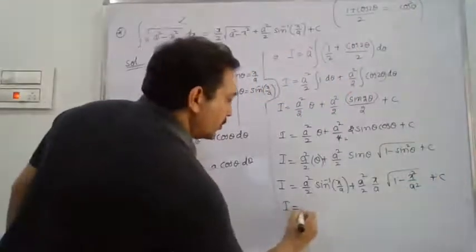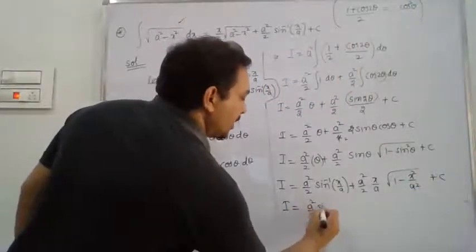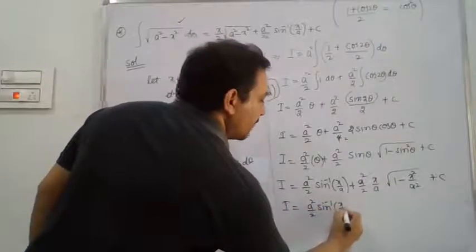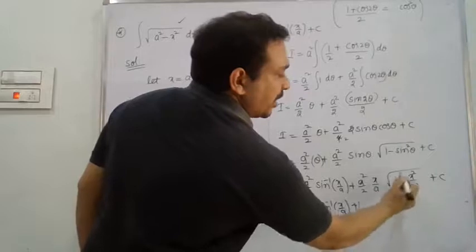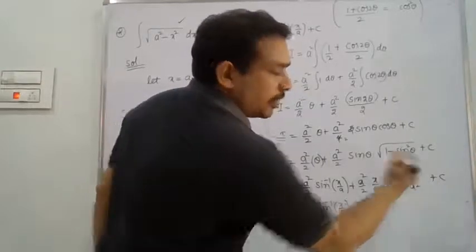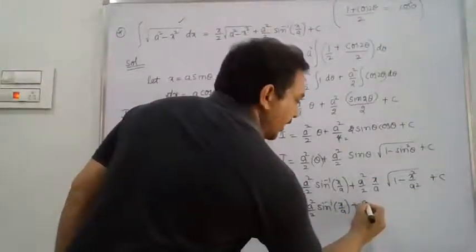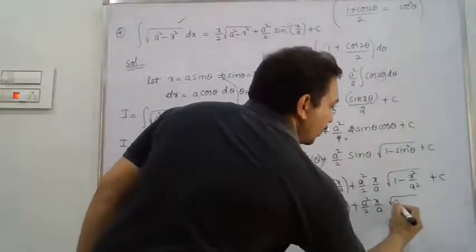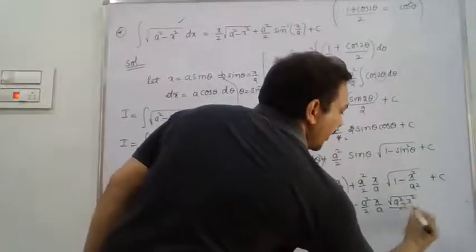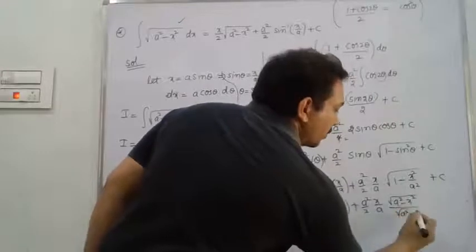Now take the LCM here: a square minus x square by a square. But square root of a square is what? A. So we get a square by 2 into x by a into square root of a square minus x square by root a square, plus c.